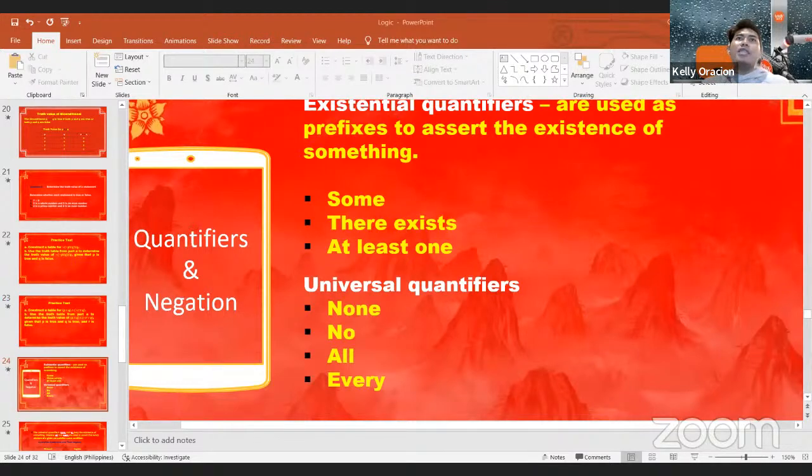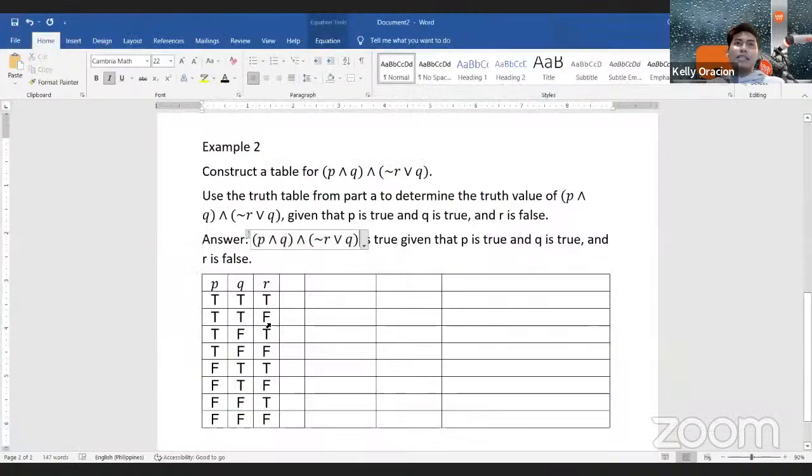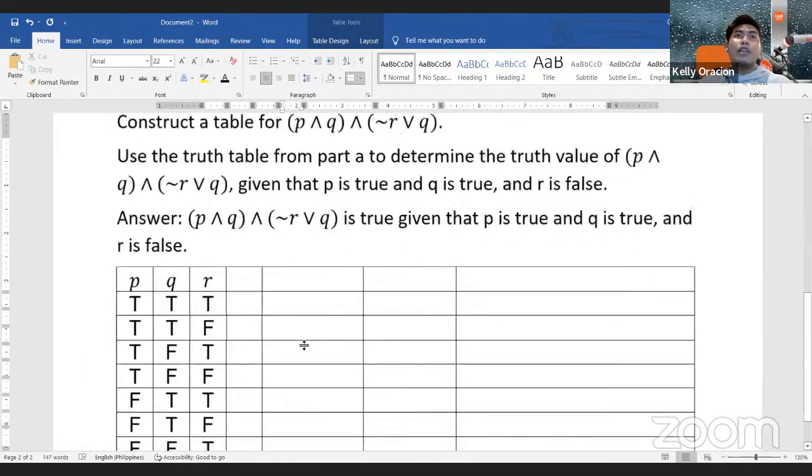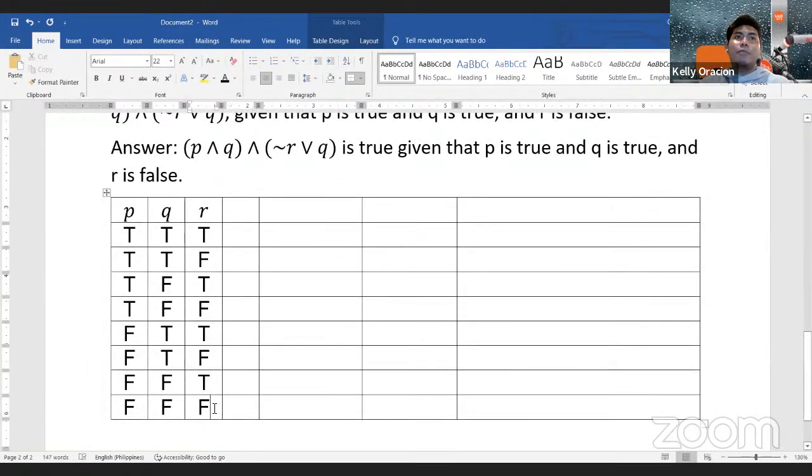Okay? I-transfer ko na siya sa Microsoft Word and we have here. Class, this is already fixed and this is already constant. That is according to the Boolean algebra. So if ever tatlo yung variable ninyo, ito yung ipa-follow ninyo na truth table. Ito yung dapat ninyo i-consider.